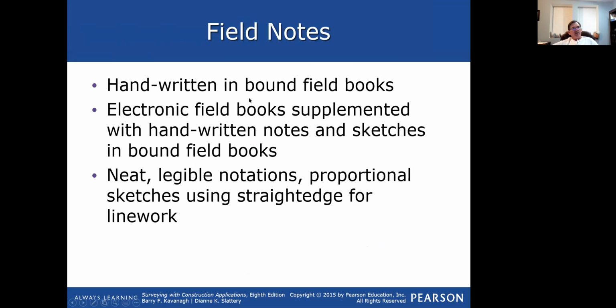One of the big ways that we eliminated errors was getting rid of these handwritten field books. The first 5, 6, 7 years of my career, we had to write everything down in a field book, every angle and distance, on a piece of paper with a pencil.